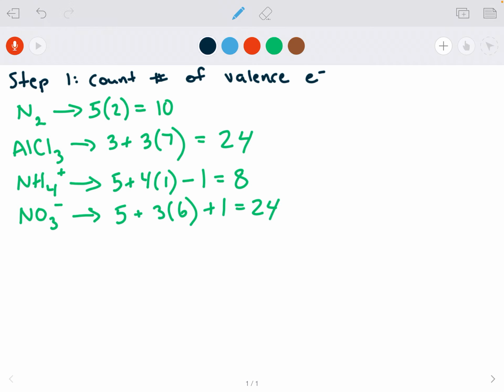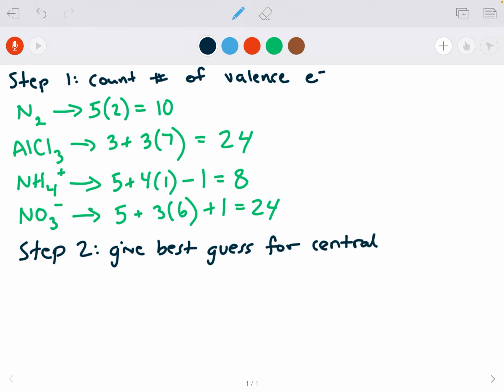So step 2 then, and this is best shown with a few examples of Lewis structures, which I'm going to do, is you have to give best guess for the central atom and draw single bonds to all atoms.